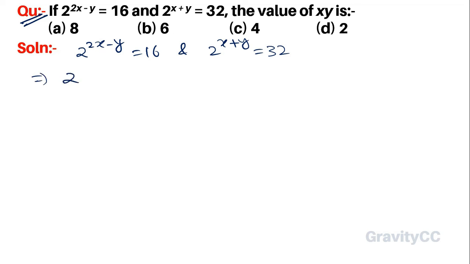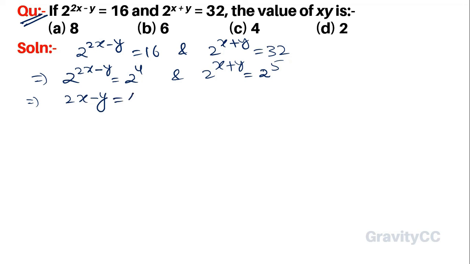This implies 16 is 2 to the power 4 and 32 is 2 to the power 5. Since the base is the same, the powers are equal: 2x minus y is equal to 4. We take this as the first equation, and x plus y equal to 5, this equation is the second.